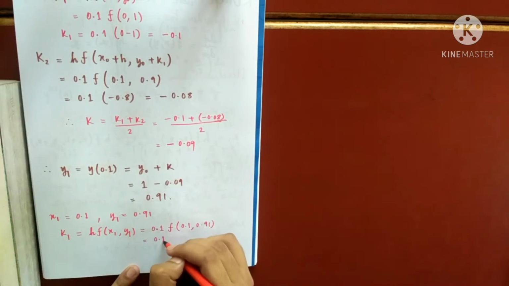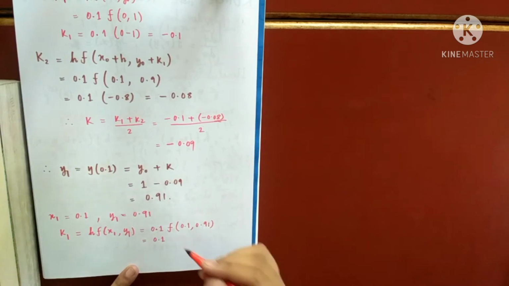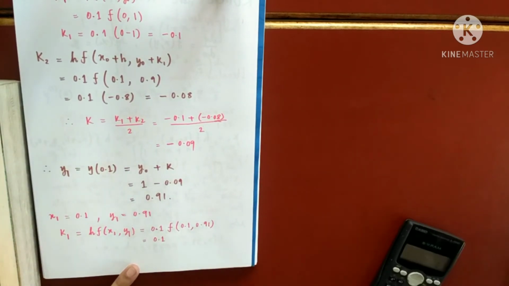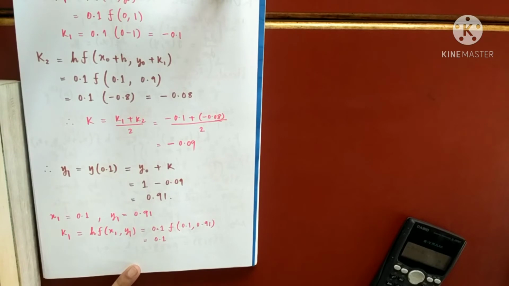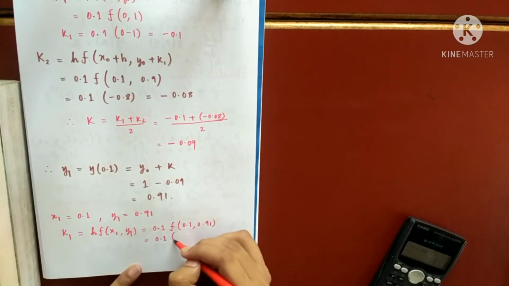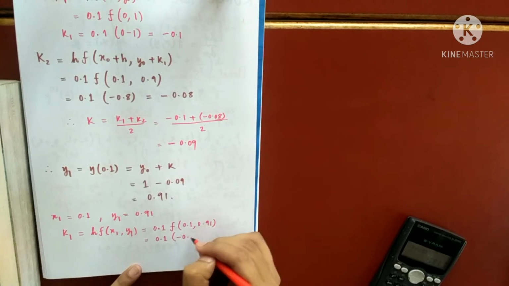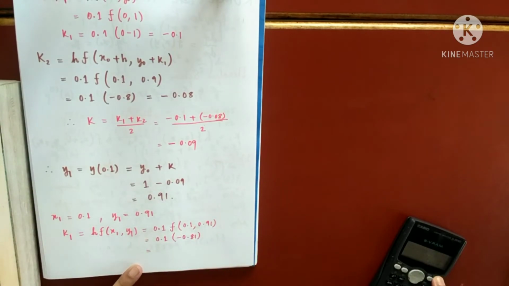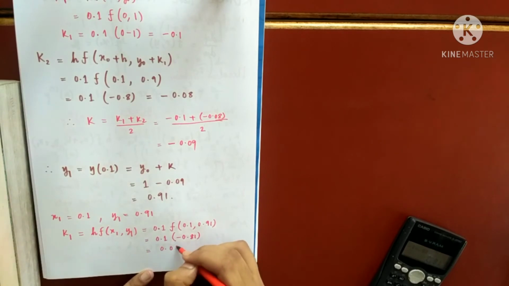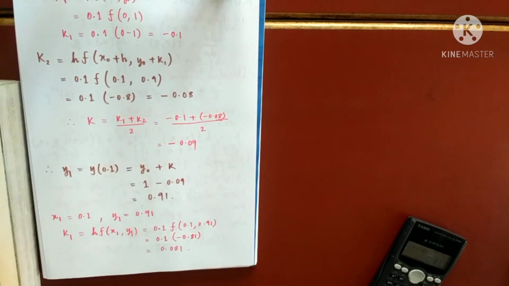The function is x minus y, so 0.1 minus 0.91 is minus 0.81. If I multiply, 0.1 into minus 0.81 is minus 0.081. This is the value of K1.